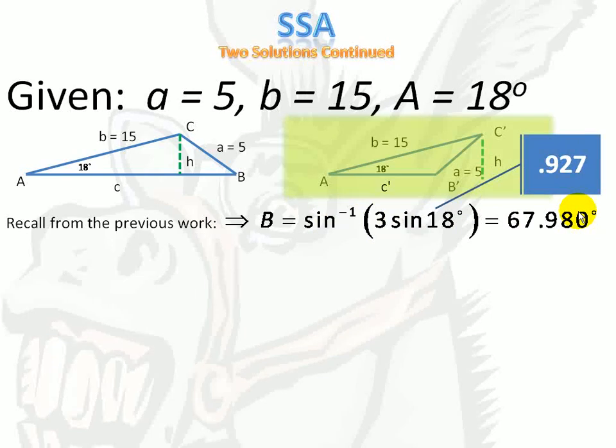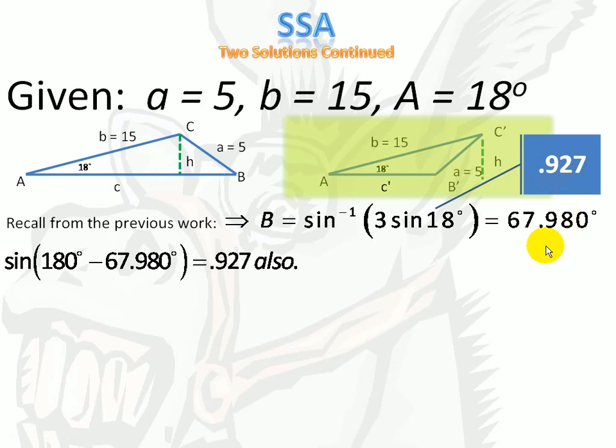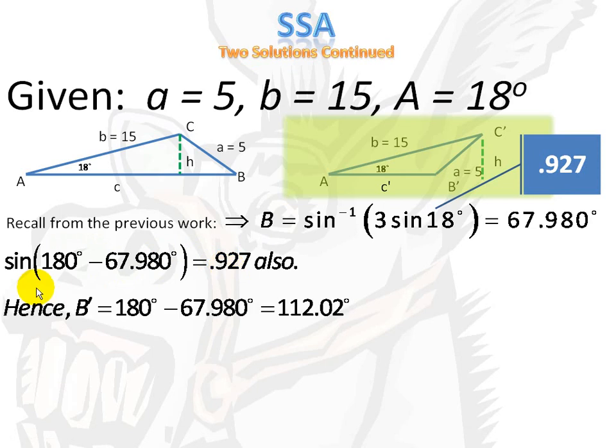Remember, there is an angle in quadrant 2 whose sine is also 0.927. So what we want to do is utilize that fact, and this is how we find the other angle. We know that the sine of 180 minus 67.980 is also 0.927. Therefore, we say that this B prime over here can be found by just taking 180 minus 67.980, and we get 112.02.